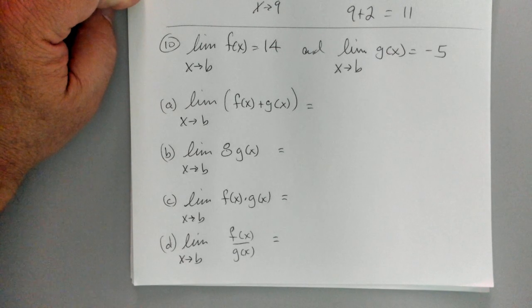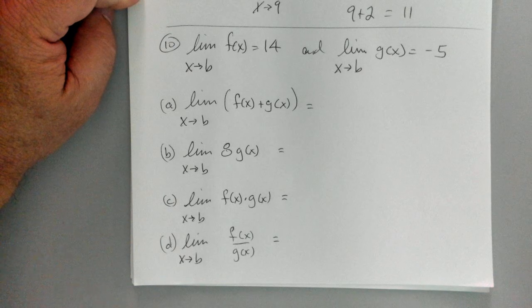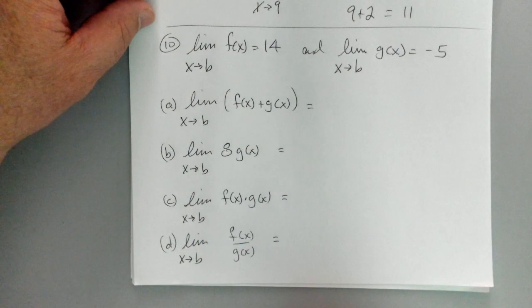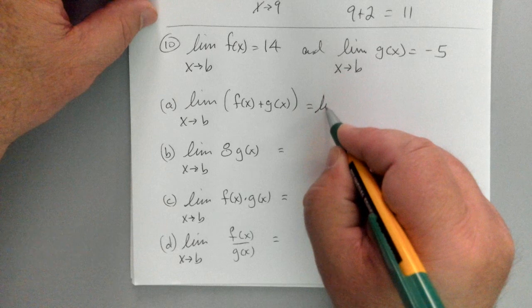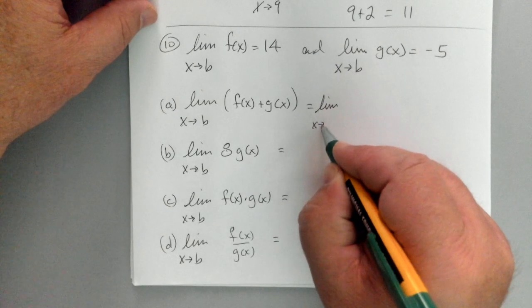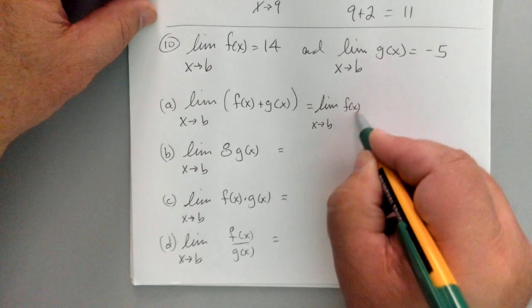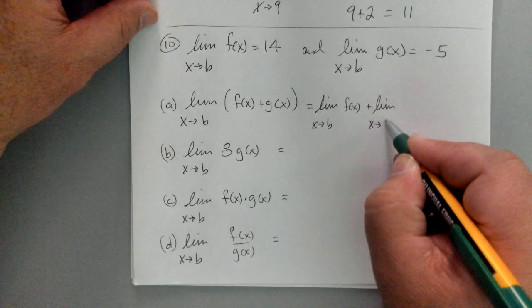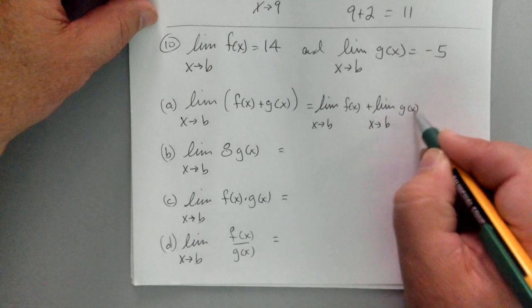And I know you guys can see the answers already, but get used to writing them out the entire way. For example, how would I do the first one? I would first take the f of x function plus the g of x.